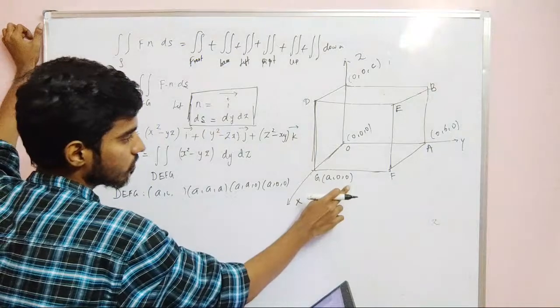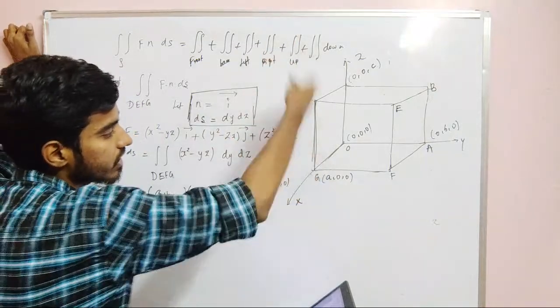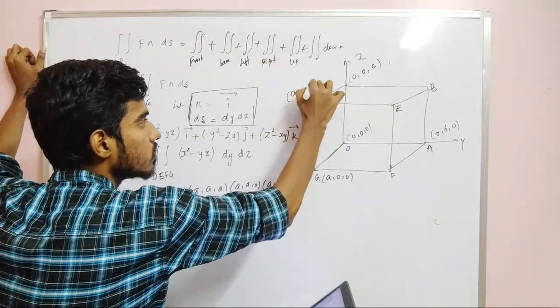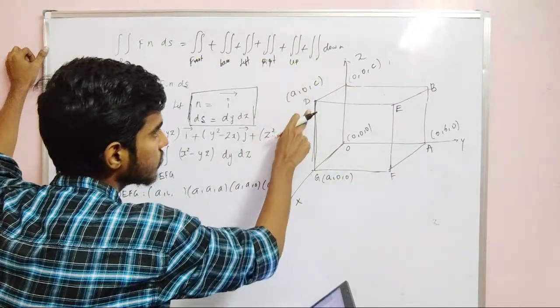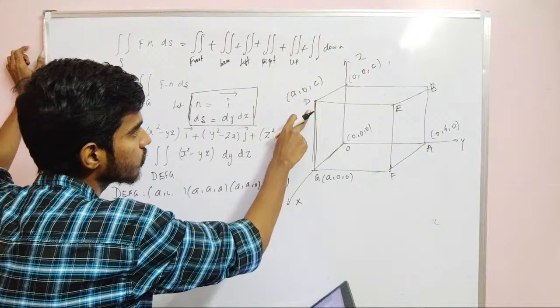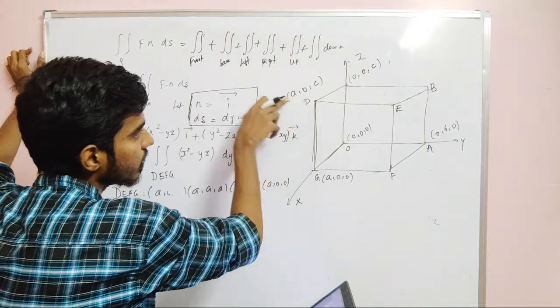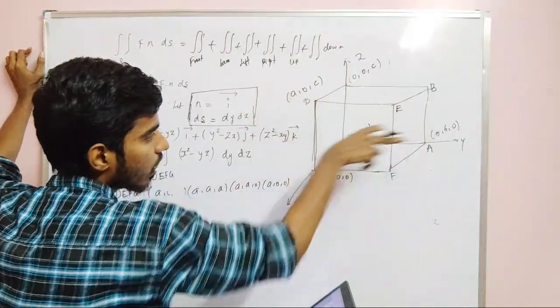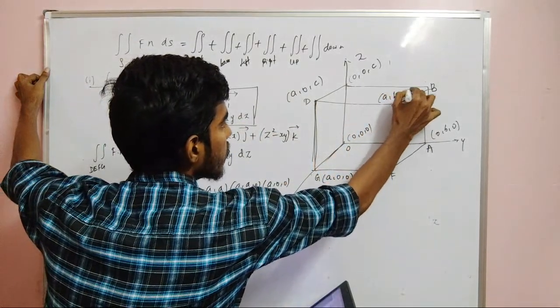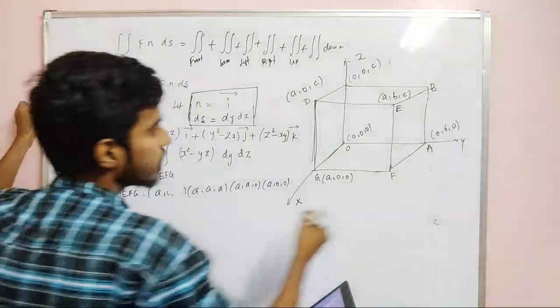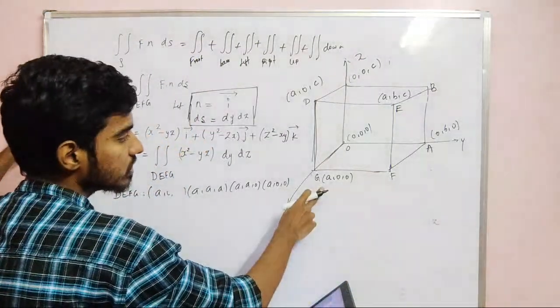So this is a comma 0 comma 0. We are moving in z direction, that means we need to change 0 to be equal to c, and this point is d. And we are moving in y direction. So this is a comma b comma c, and this point is a comma 0 comma 0.